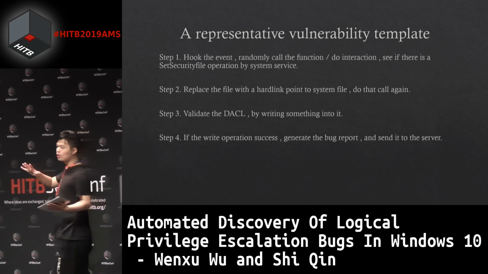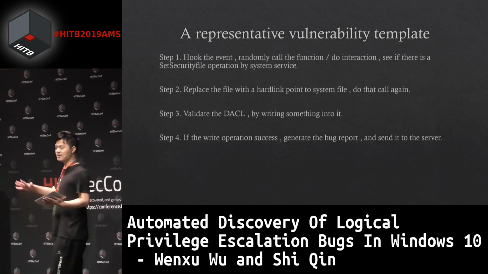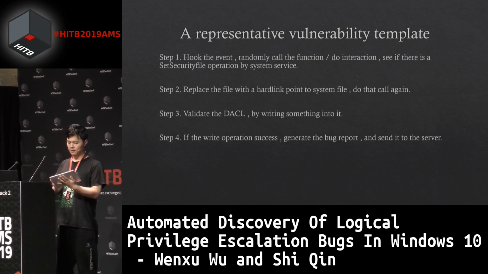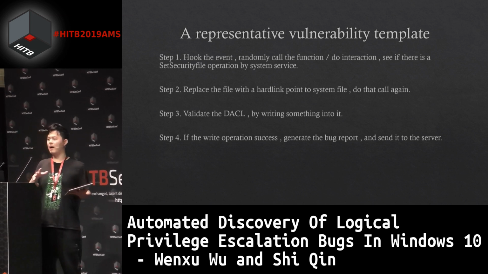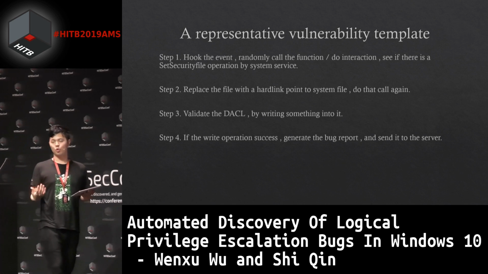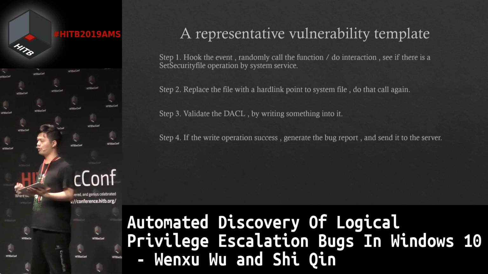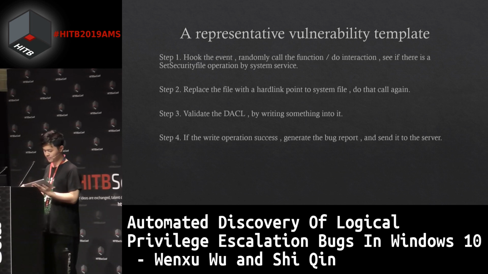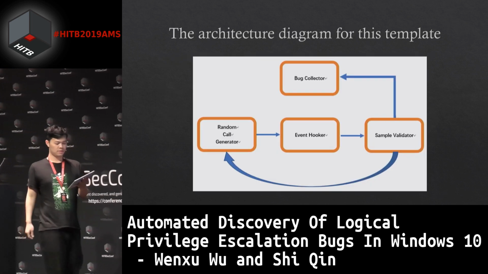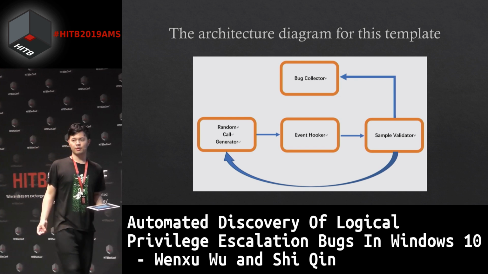If I try to write something into it and I succeed, that is to say it was successful. So I generate a bug report, which is similar to a crash report in memory corruption. Let's see the architecture diagram. It is very simple, right?